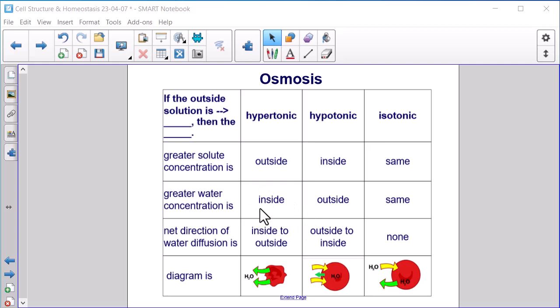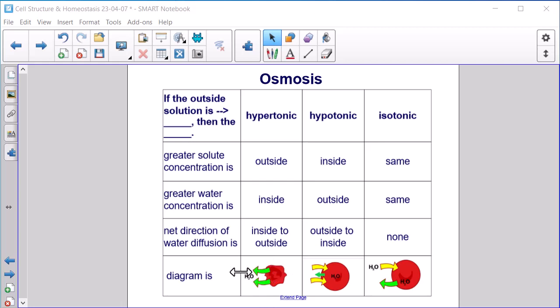The net direction of the water diffusion will be from inside to outside. So from the greater water concentration away. And what we would see is this flow of water from inside to out.